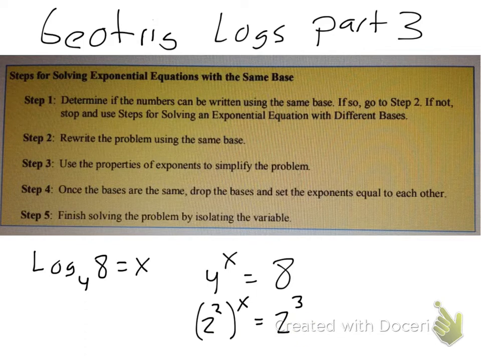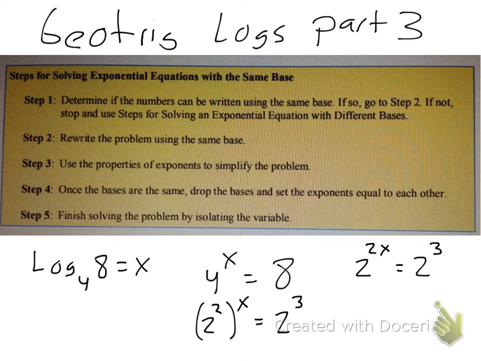Step 2 says rewrite the problem using the same base, which we just did, and then use the properties of exponents to simplify. We have 2 squared to the x power. That's a power of a power, and a power of a power says you should multiply. So now we have 2 to some power equal to 2 to some power.